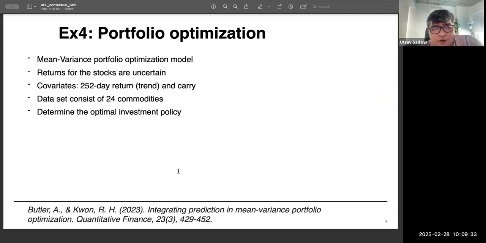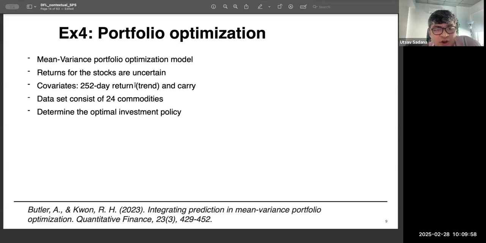Another problem is a portfolio optimization problem that we all are very familiar with. You want to solve a mean variance portfolio optimization problem. You want the mean of your returns of the stocks to be high, but you also want the variance to be low. So there is this famous paper by Butler and Kwon about integrating predictions in optimization problems.